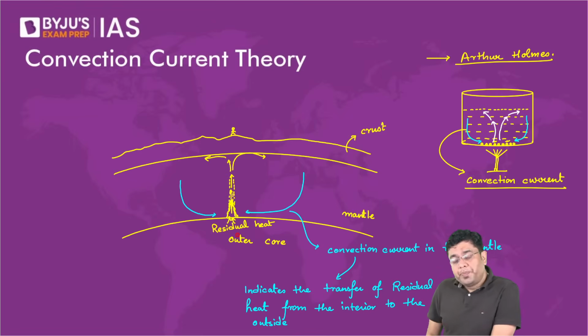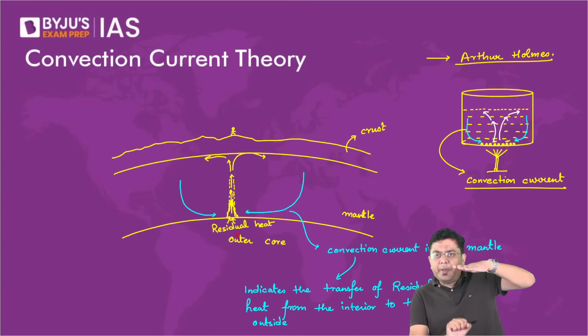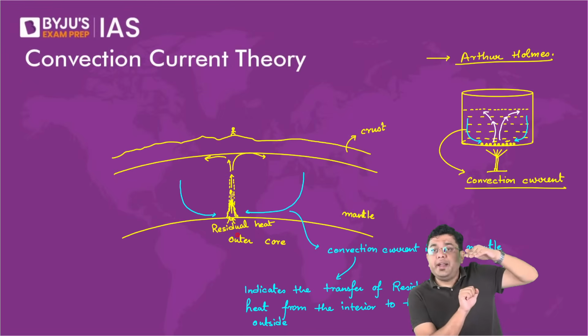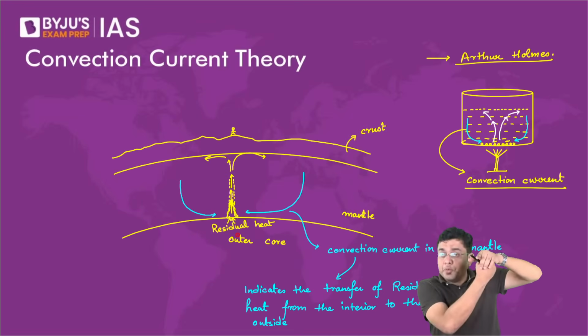First of all, because this is land, heat is being provided. That land can get inflated because of that heat. That land can rise up, right? Why? Because there is a substantial amount of heat which is getting pushed upwards.